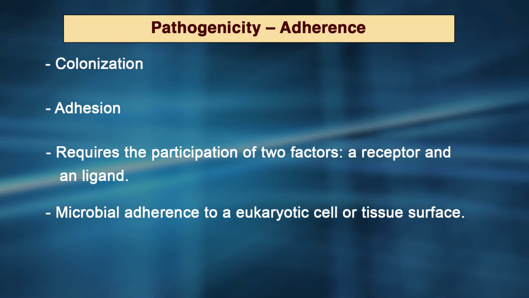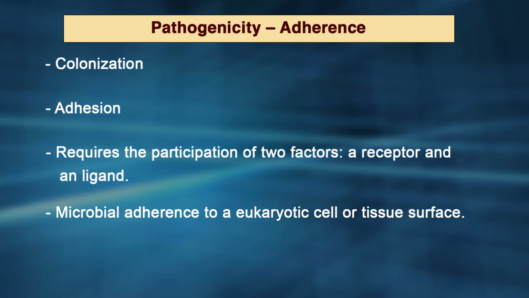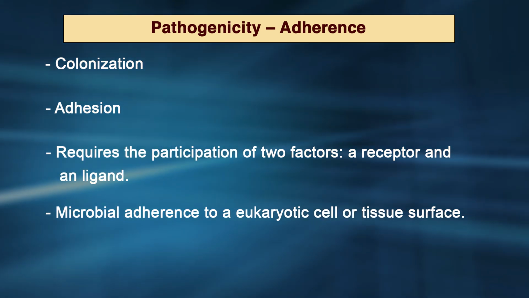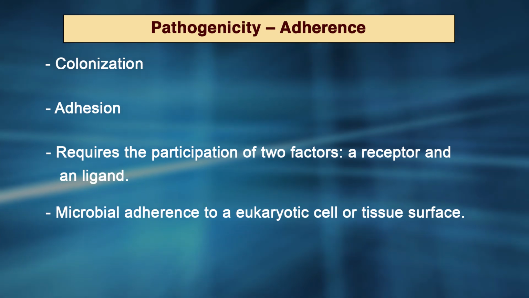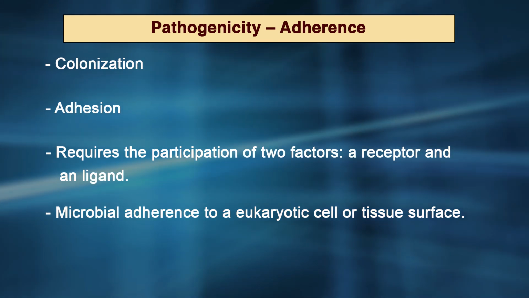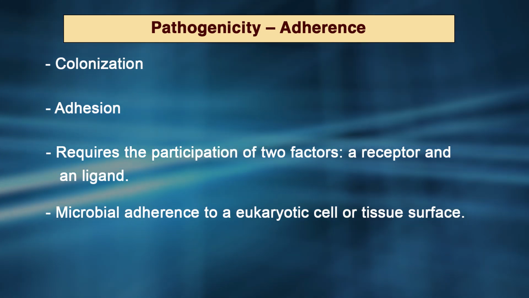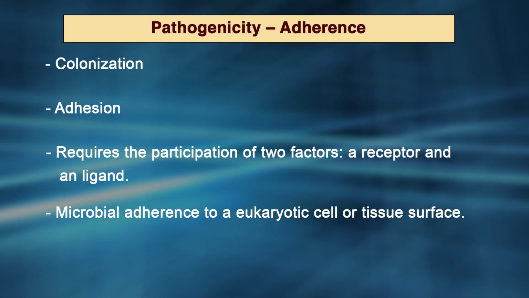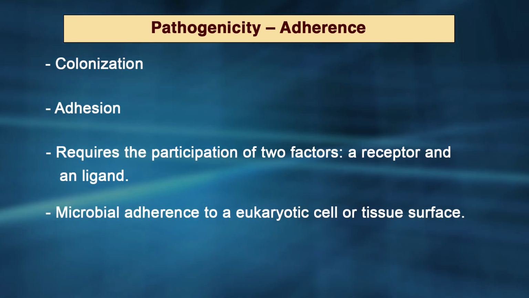Adhesion, the process by which microorganisms attach themselves to cells, requires the participation of two factors. The first is the receptor and the second is the ligand. Ligand is a small molecule which binds to the receptor.